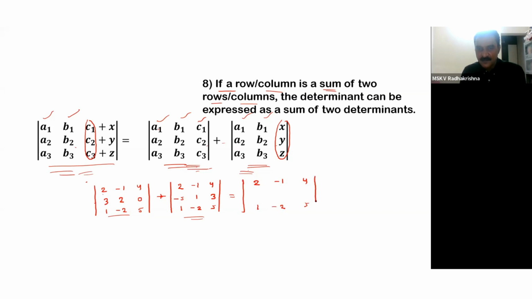Then the middle row is obtained by adding these two middle rows. 3 plus minus 5, how much? Minus 2. 2 plus 1, 3. 0 plus 3, 3. So this is the way of adding two determinants. Understood? Sarath?